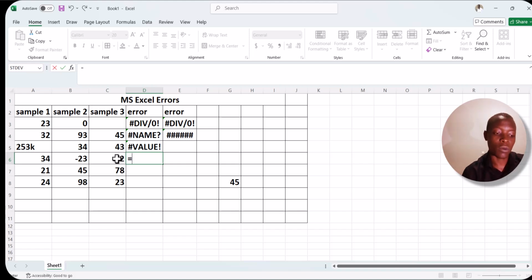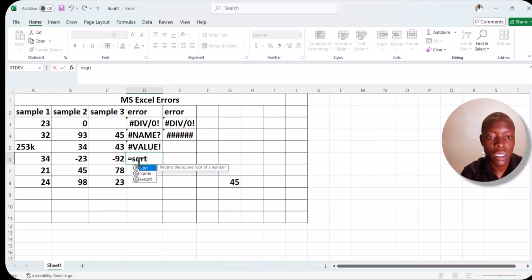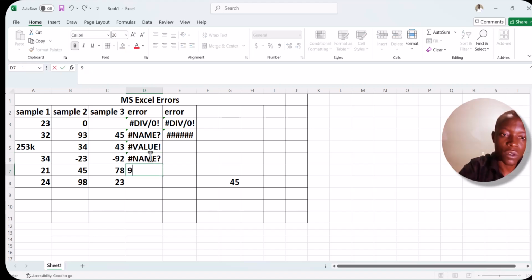When you look at complex numbers, you can actually find the square root of negative numbers. But since these are not complex calculations, these are easy calculations, they don't go deep into complex calculations. So here they will try to get, let's say, the square root of this value.